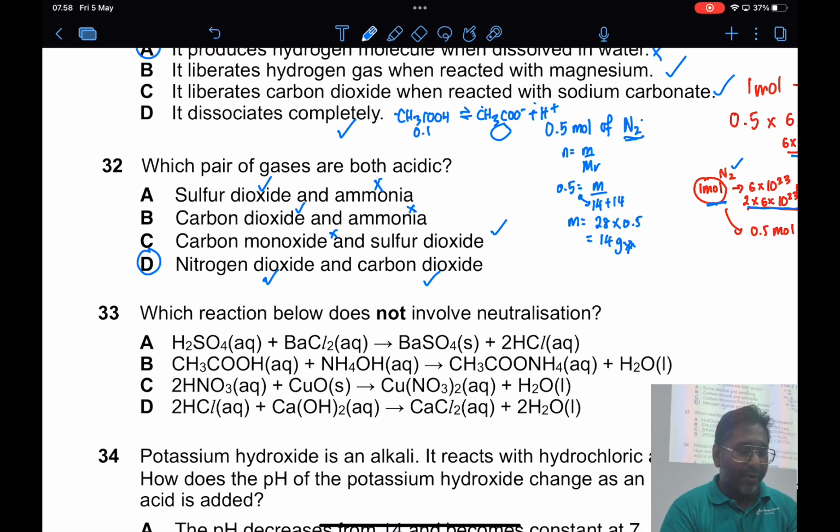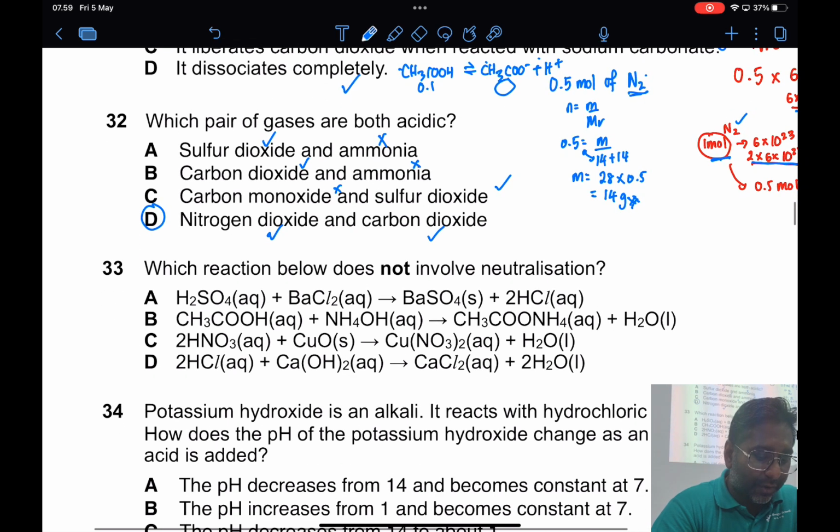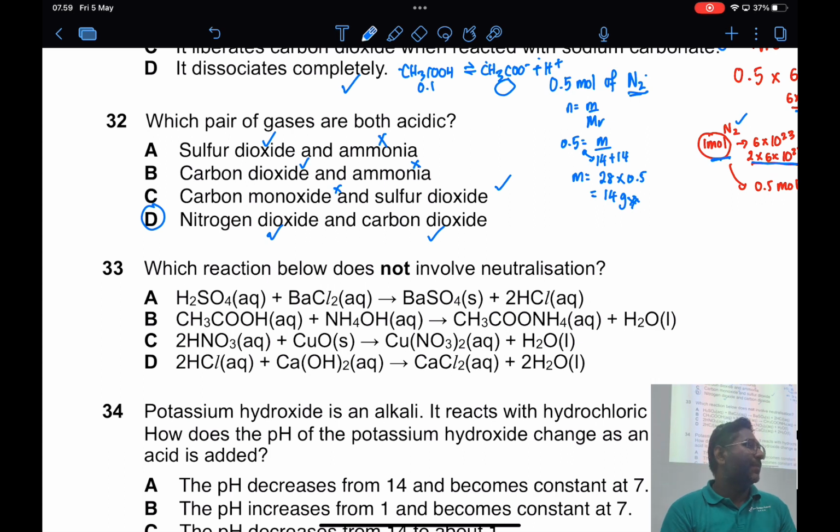Anyway, coming back, number 33: which reaction below does not involve neutralization? So what is neutralization, Jesse? Salt. Neutralization is acid plus base to give you salt and water.